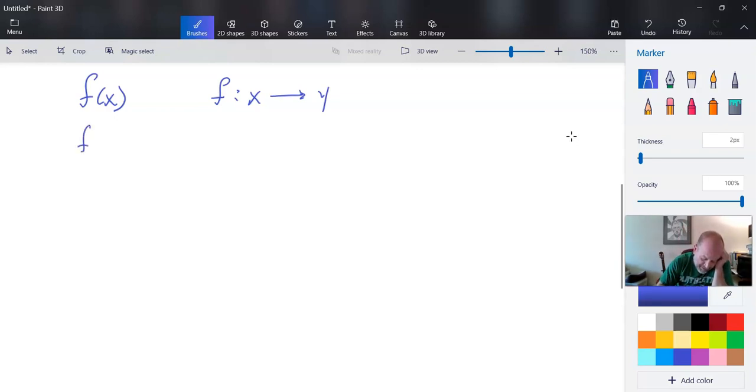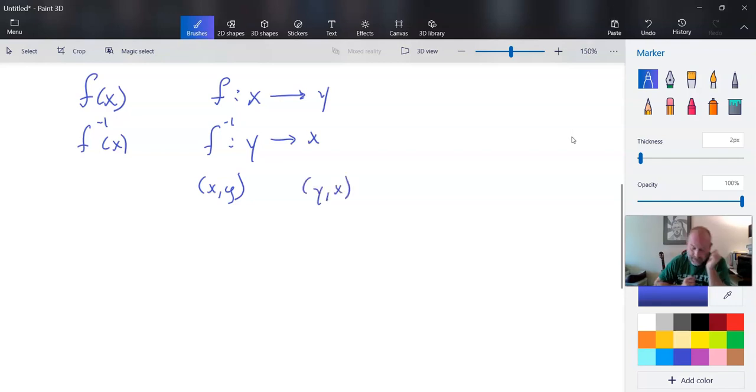F inverse then is a function that takes that y value and turns it back into the x value. Okay, so that's the first thing I want you to remember. So basically if (x, y) is a point on the function, then (y, x) is a point on the inverse. So it's literally swapping the x and y values.